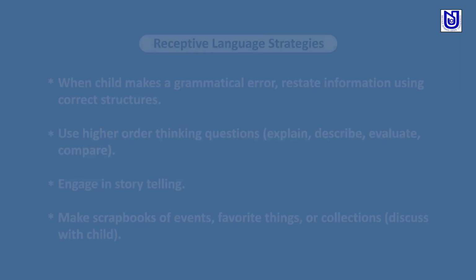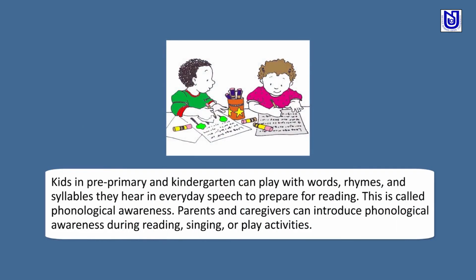Now, it's very important to give them opportunity for phonological awareness. Kids in pre-primary and kindergarten can play with words, rhymes and syllables they hear in everyday speech to prepare for their reading skills. This is called phonological awareness.